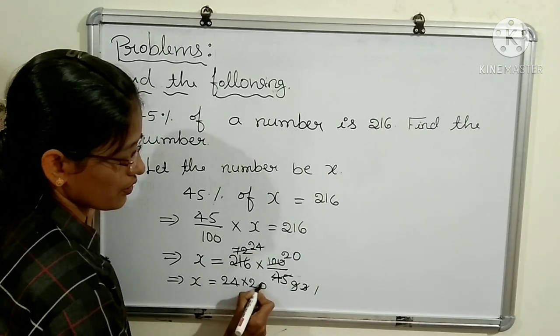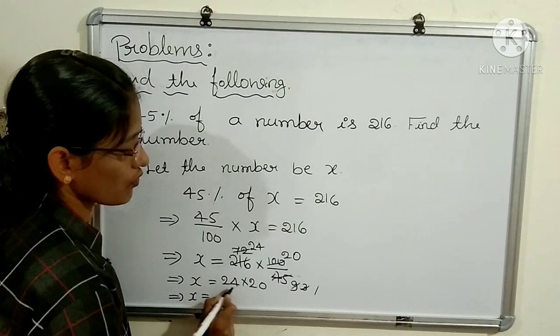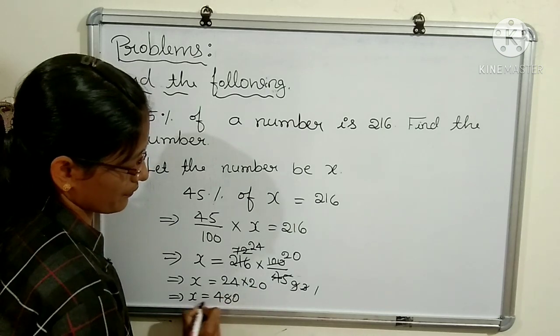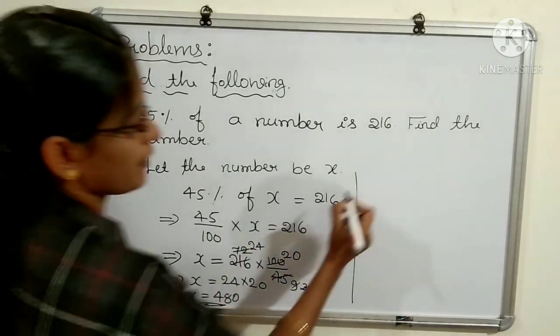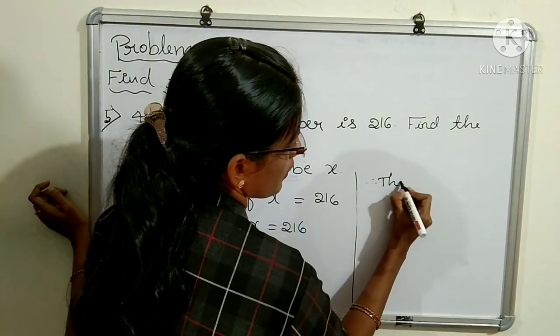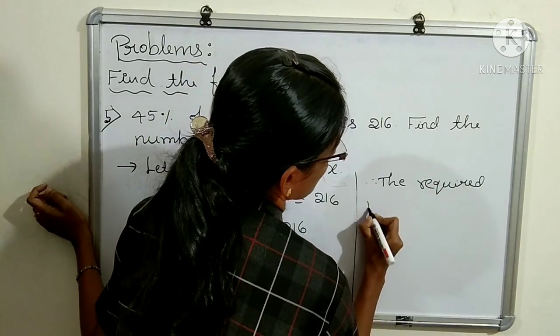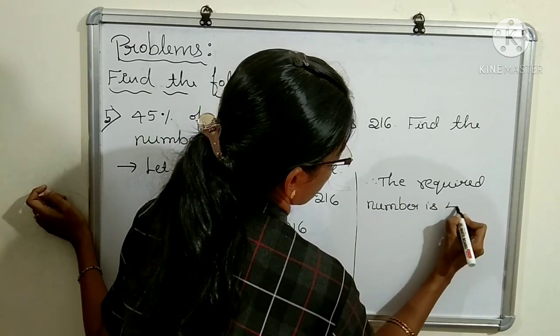How much? 24 2s are 48. X equals 480. 24 20s are how much? 480. So therefore the required number is 480.